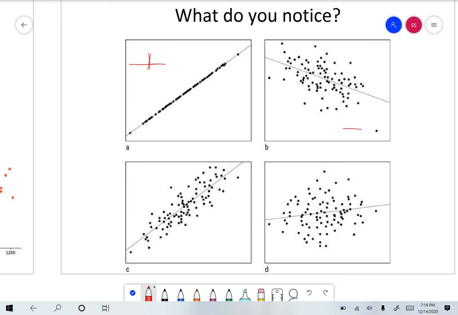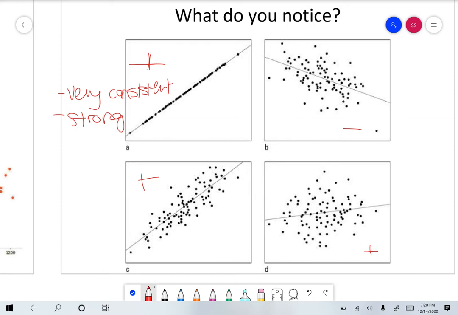This looks like a negative relationship, positive, positive, okay? They would also maybe compare the spread of the data, right? So, for example, this one in the top left is very consistent, meaning that it's an extremely strong relationship, okay?